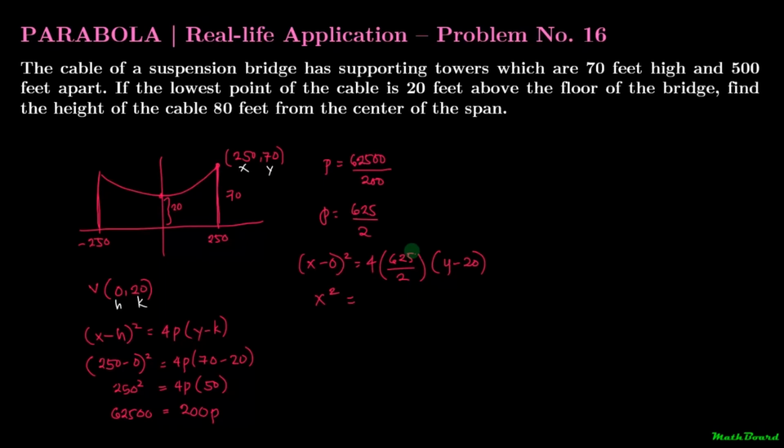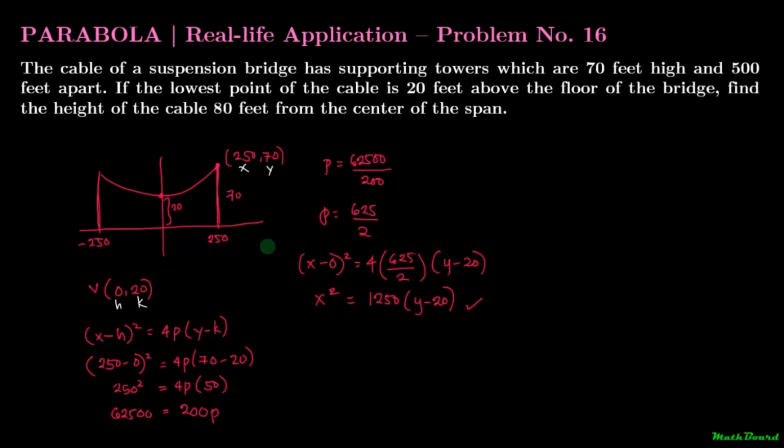So, 625 times 4 divided by 2, so 1,250. Kasi 4 divided by 2 is 2 times 625. 1,250 times y minus 20. So, yan yung ating standard equation. x squared equals 1,250 times y minus 20.